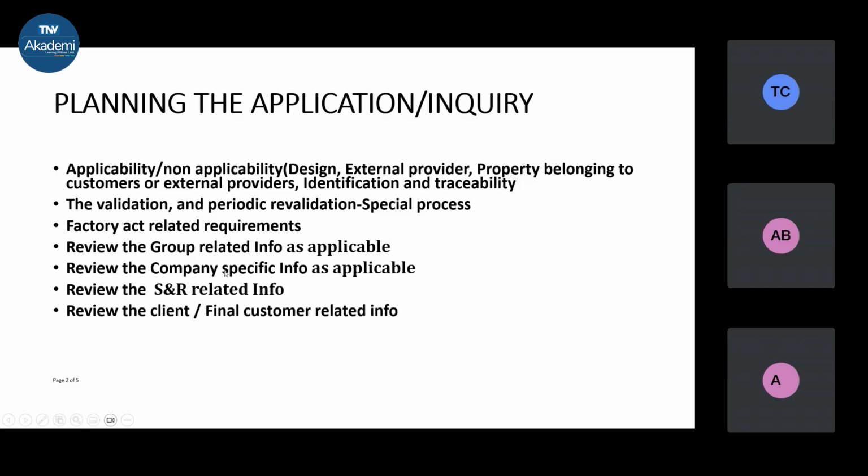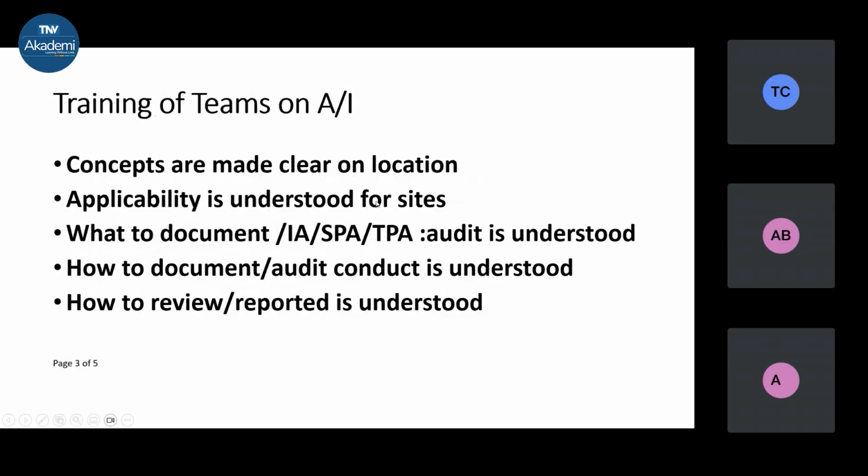We also need to review the company specific information as applicable. Some clients have very specific information about their operations, their activity, their locations, these processes. There are 10 units; somewhere this is applicable, somewhere this is not applicable. In 4 more units, this is applicable, somewhere this is not applicable.